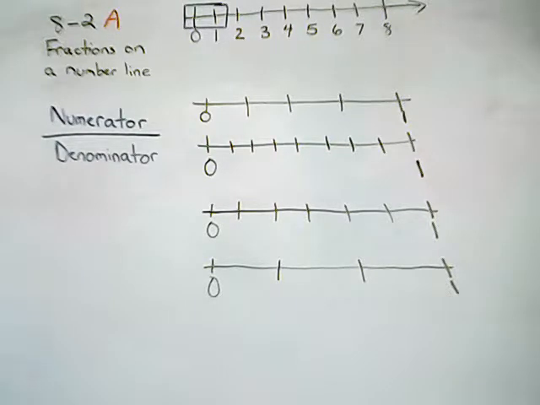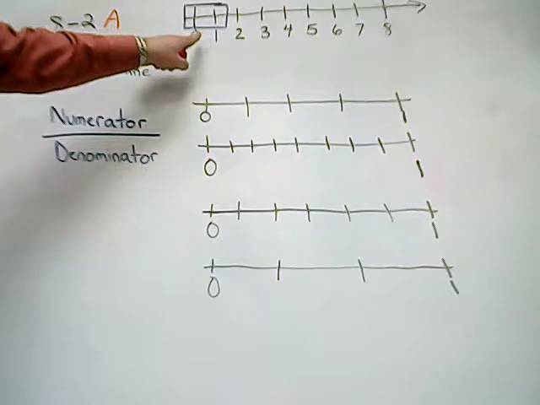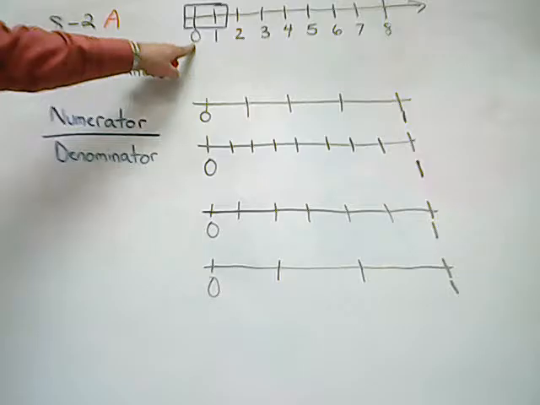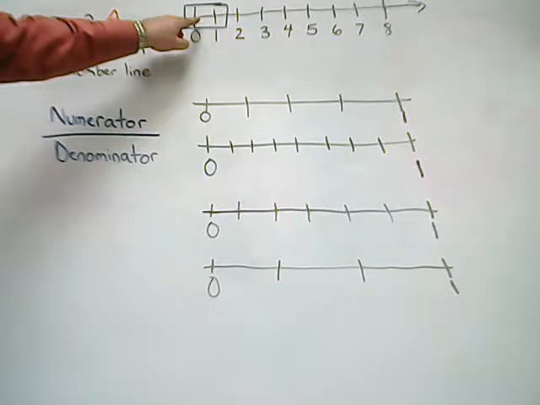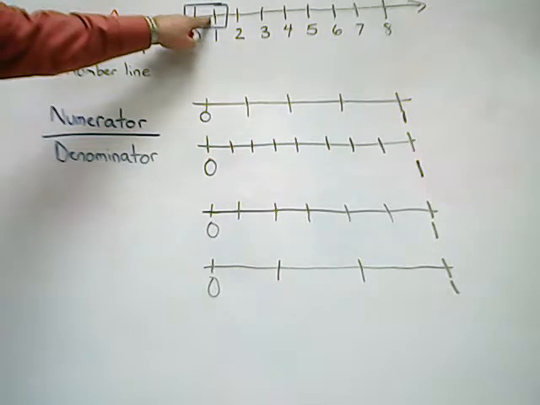For example, if I have a pizza and I eat 5/8 of the pizza with my family, I didn't eat one whole pizza, but I sure ate more than 0 pieces of the pizza. So 5/8 would be somewhere in between this section on a number line of 0 and 1.